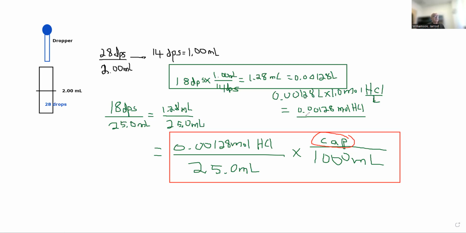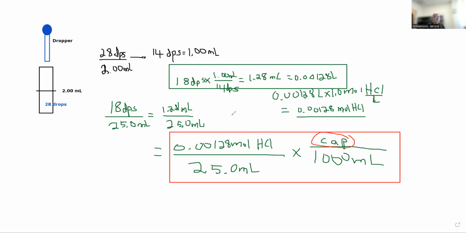I would do the exact same thing with equivalent numbers for the base, but that's how you calculate the capacity using sample numbers for the capacity of my buffer for an acid.